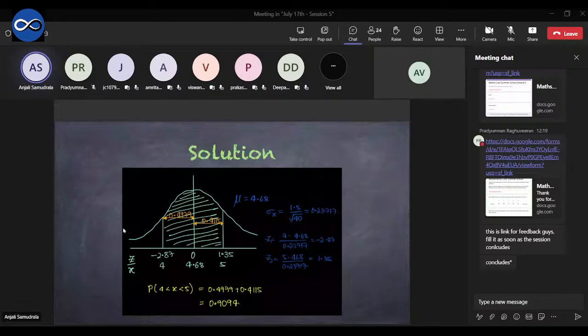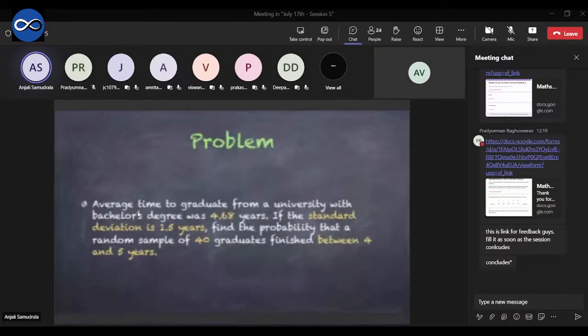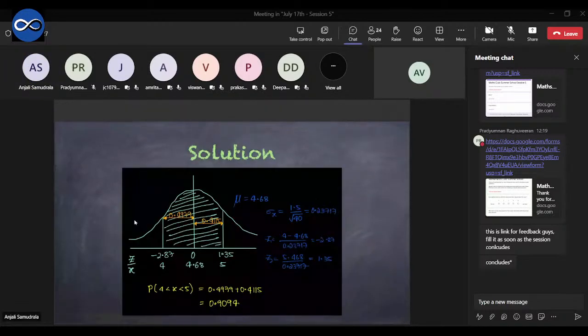Now we were asked to find between 4 and 5, so we just have to add the areas from 0 to 1.35 and 0 to 2.87. In the previous case, we subtracted because both the values were on the same side of the mean. But in situations where the values are on either side of the mean, you should add the areas.